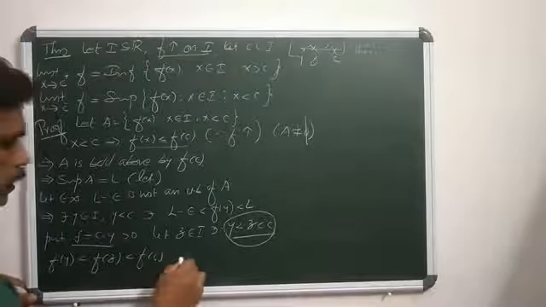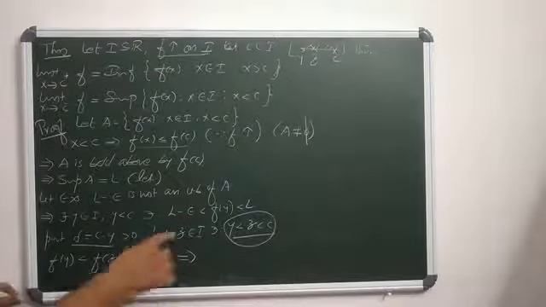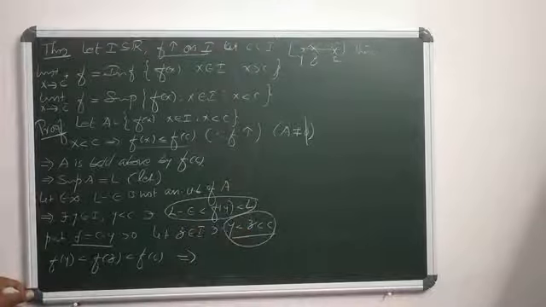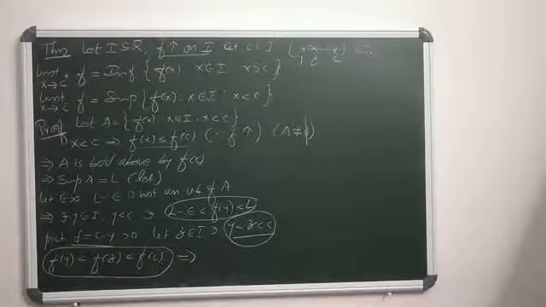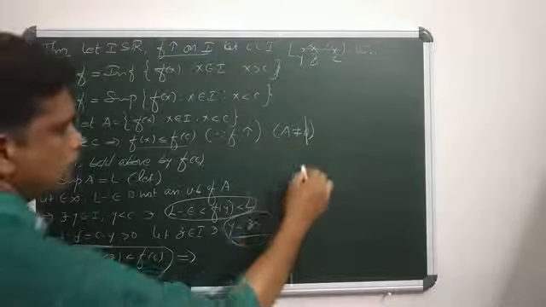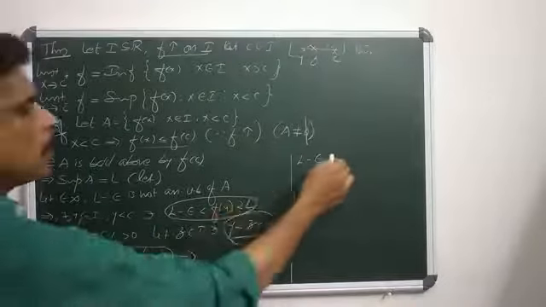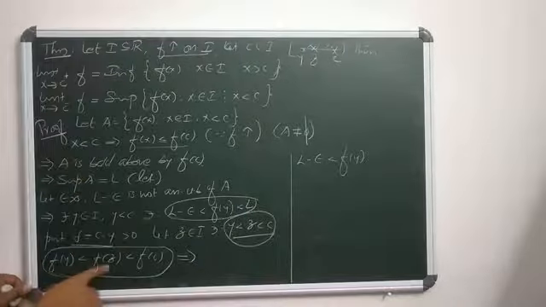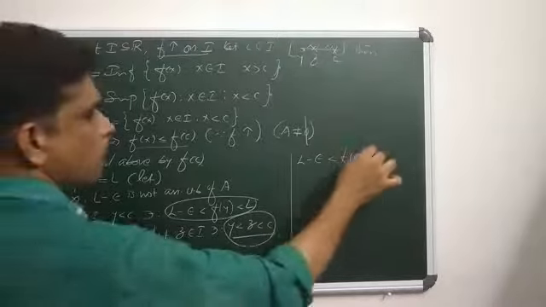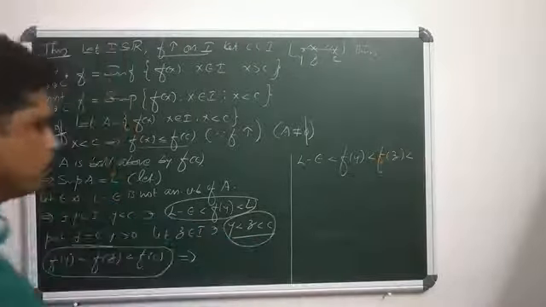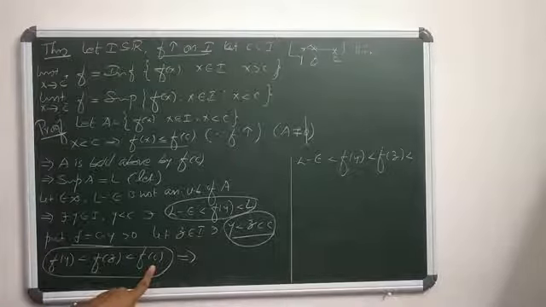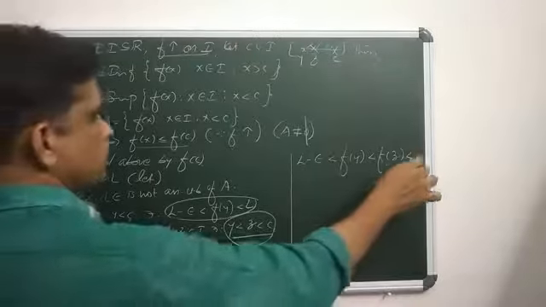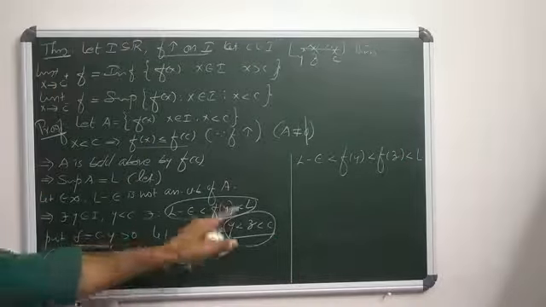So what is L minus epsilon? L minus epsilon combines these two results: L minus epsilon is less than f of y less than L, and also f of y is less than f of z is less than f of c. So if you combine, what do you get? L minus epsilon is less than f of y, and f of y is less than or equal to f of z, whatever may be, which is strictly less than f of c.